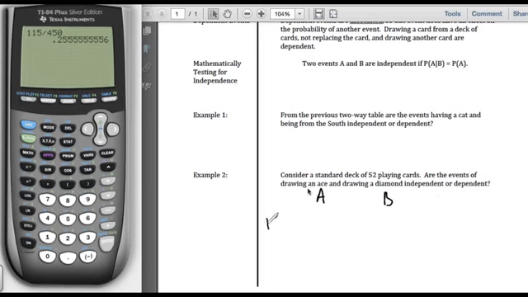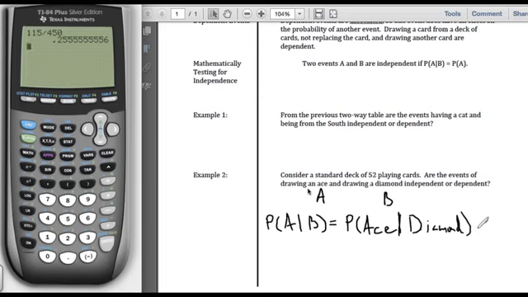So let's start with the probability of A given B. That's the probability that you get an ace given you drew a diamond. Now I'm given I have a diamond, so there aren't 52 possibilities. But since I know it's a diamond, there are only 13 diamonds in the deck. And out of those 13 diamonds, only one of them is an ace.